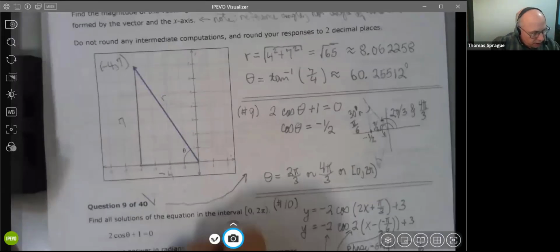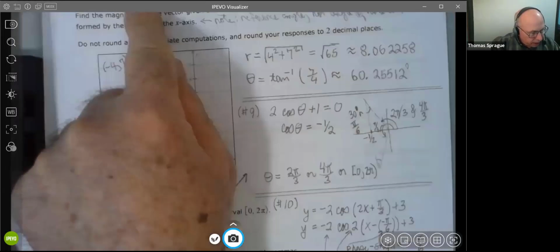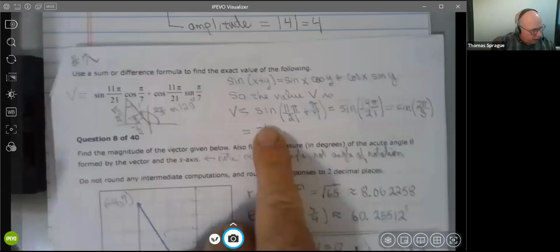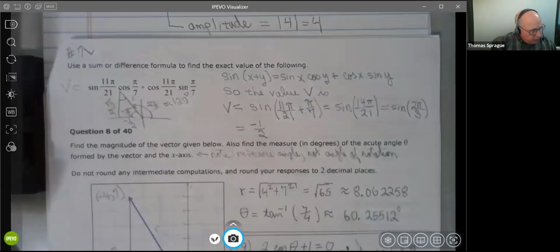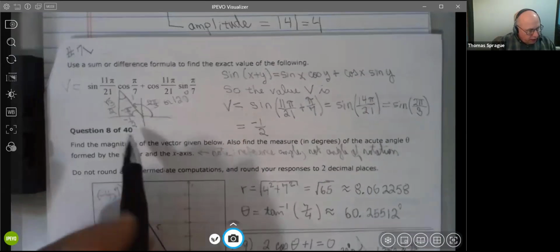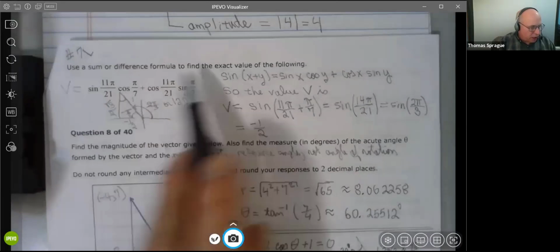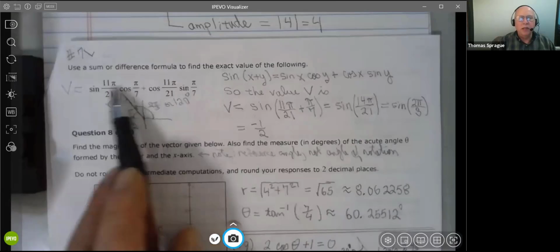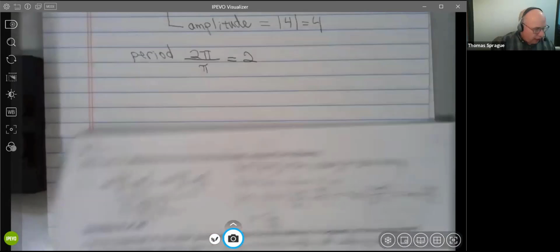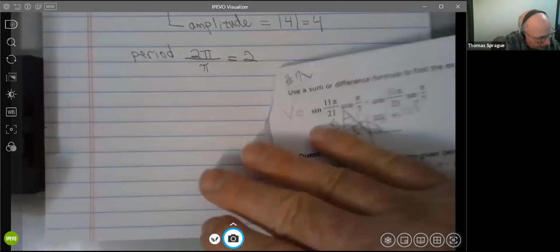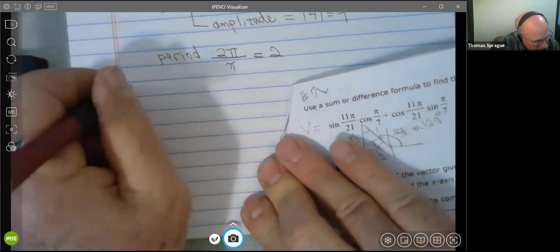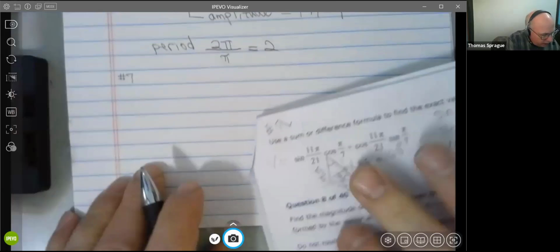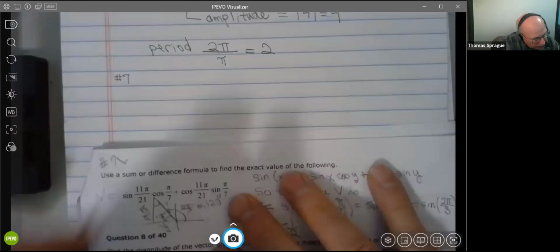This one is a mess, crammed in there. So I'm going to copy it off on another page. We're supposed to find an exact value for this expression here. And the way I've got it crammed in there, it's probably not even easy to read. So let me copy it out for you, and I'll say it while I write it.